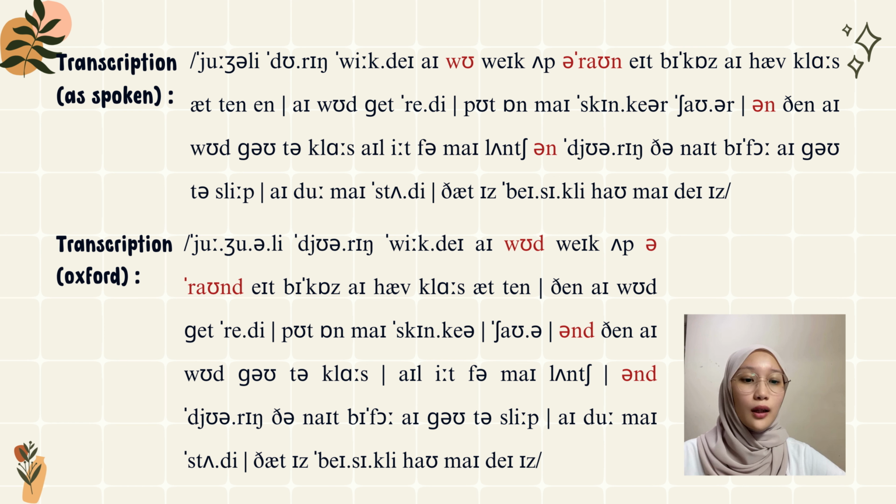So it becomes "woul wake" instead of "would wake." And then the last elision observed is in the word and. The d sound in the word and is elided to make the speech sound more natural.